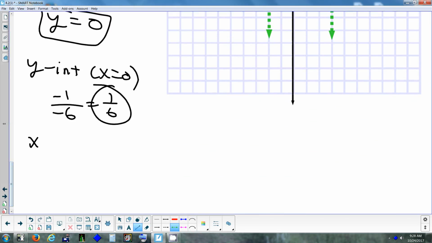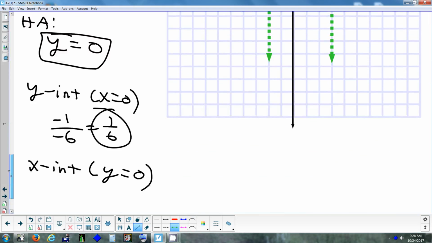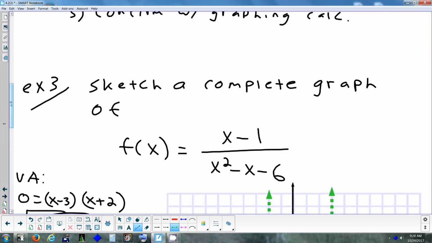Let's find the x-intercept. The x-intercept is when y equals 0. So I'm asking, when is this fraction equal to 0? What value would make that fraction equal to 0? Yep, 1.